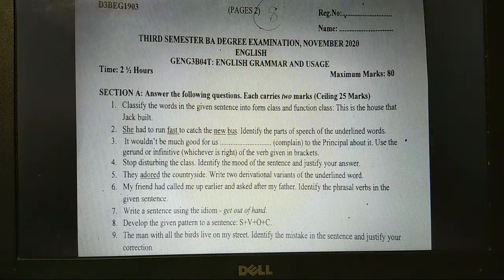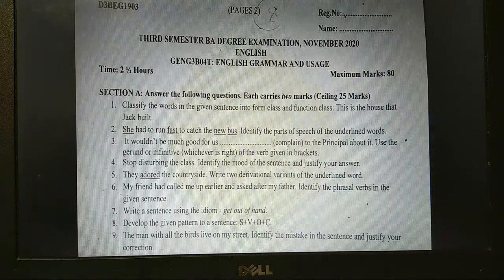Okay, now we move on to question number 7: write a sentence using the idiom get out of hand. Get out of hand means to become difficult to control. So you have to write a sentence with the idiom get out of hand, and you can write question number 7 in the margin and then the answer.